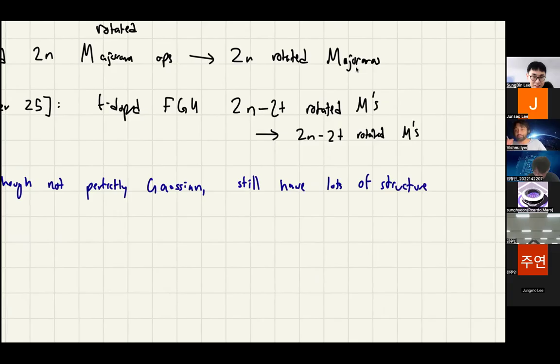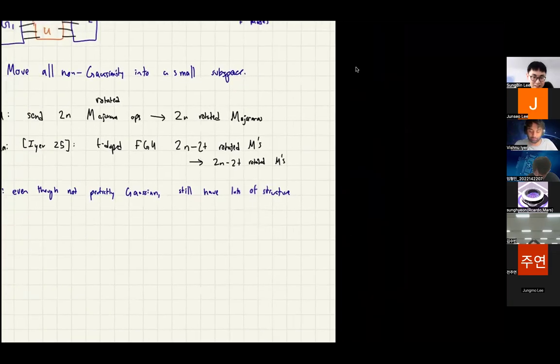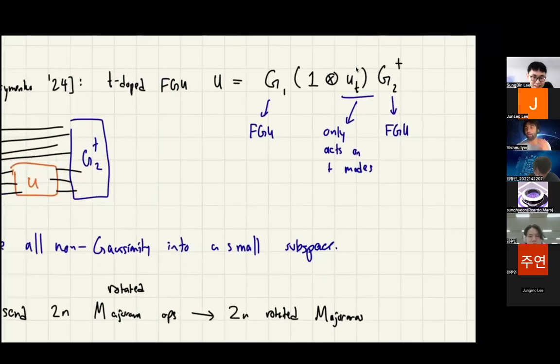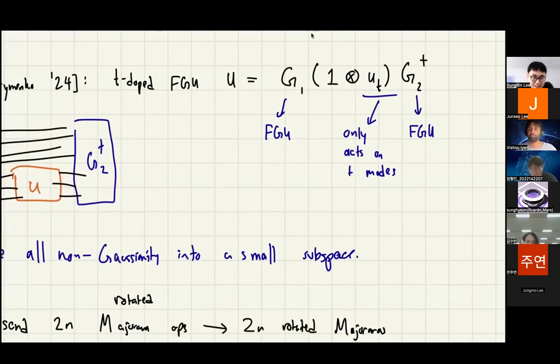Okay? And you know how we're going to find these things? Here's how we're going to find these things, okay? So I want you guys to answer in the chat, okay? G1, this is a Gaussian unitary. What kind of matrix is associated with the Gaussian unitary? What type of matrix? Answer in the chat or out loud.